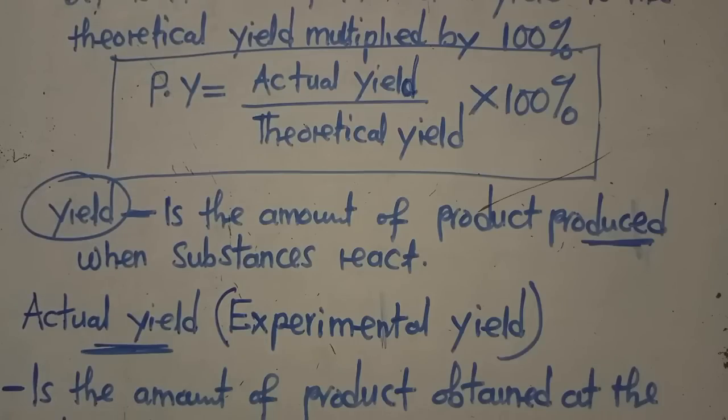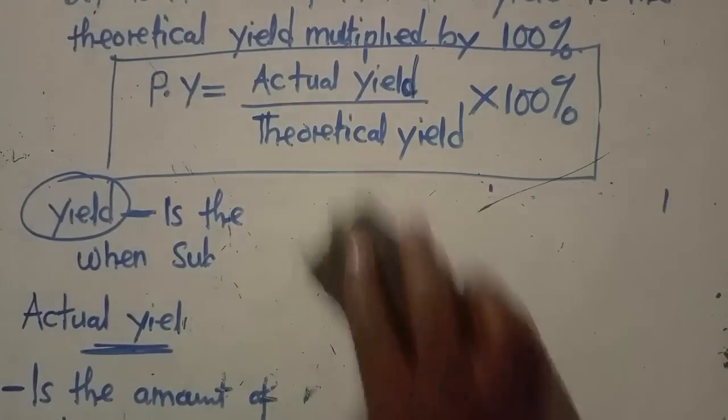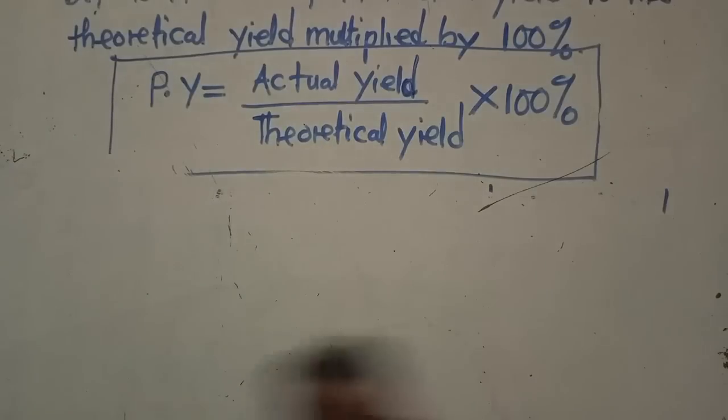So the reason why the actual yield is less than the theoretical: one, you discover that the reactants may fail to react completely due to the presence of impurities in them. This can also be a contributing factor to why the actual yield is less than the theoretical. You know that chemistry is also a subject that is a bit involving.